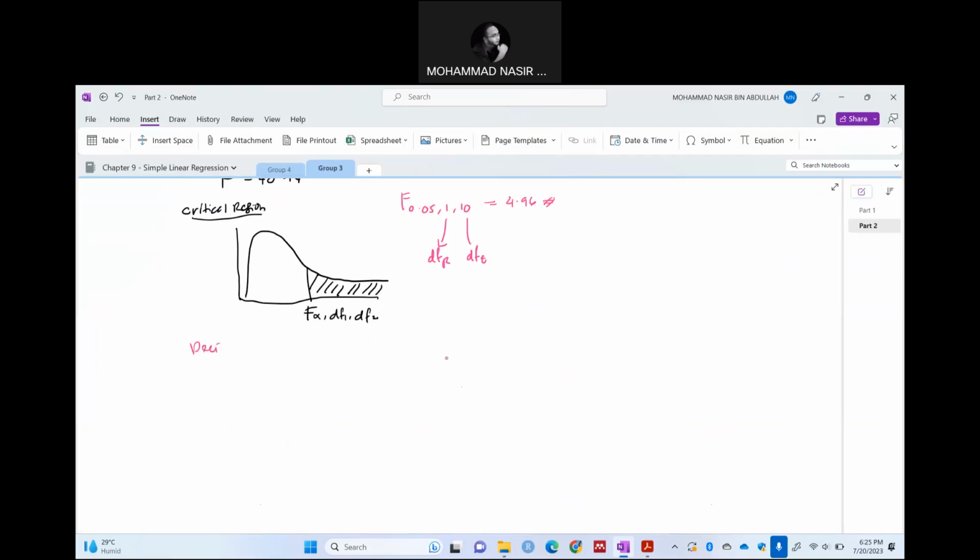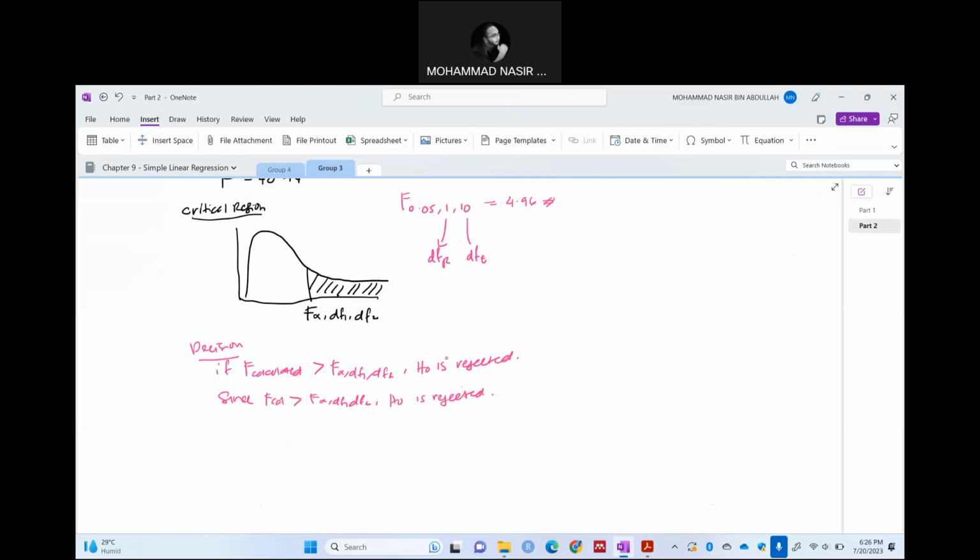So our decision: if F calculated is more than F alpha, degree of freedom 1 and 2, the null hypothesis is rejected. Since F calculated is more than F alpha df1 df2, the null hypothesis is rejected.